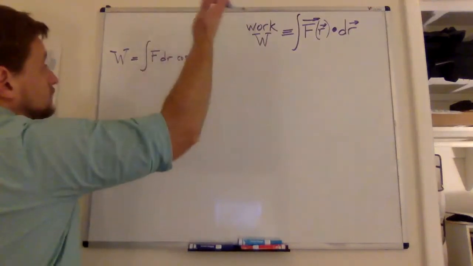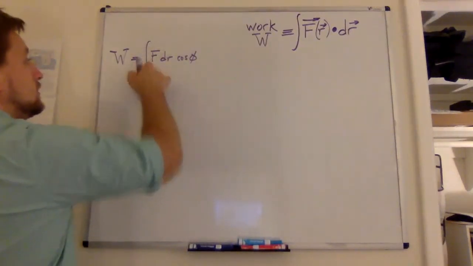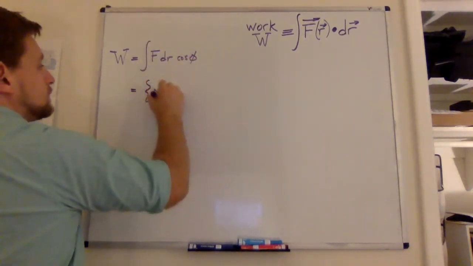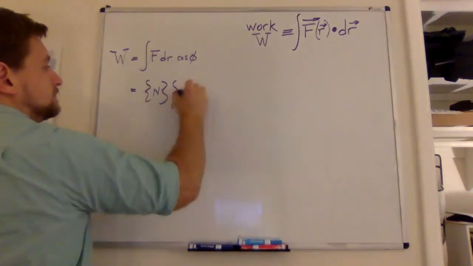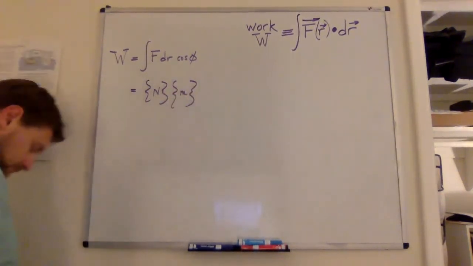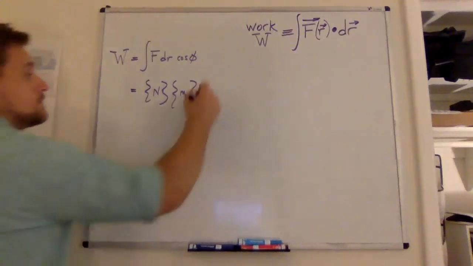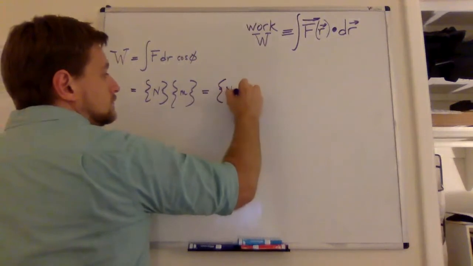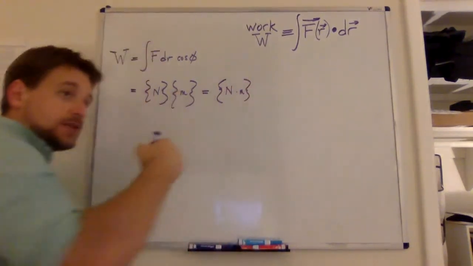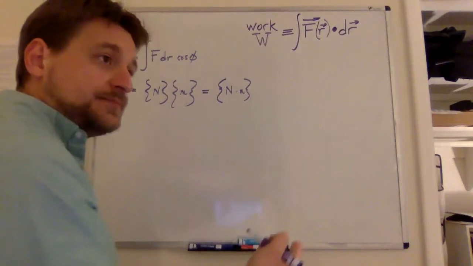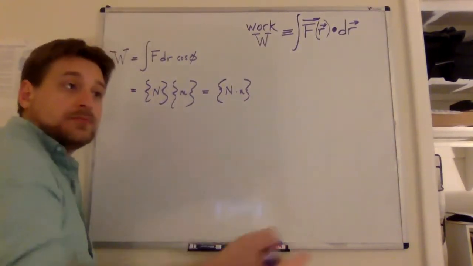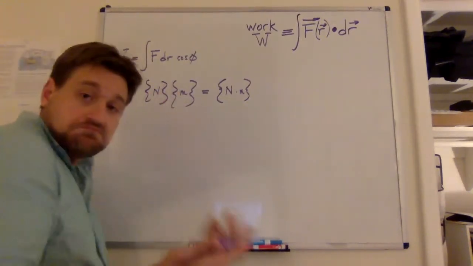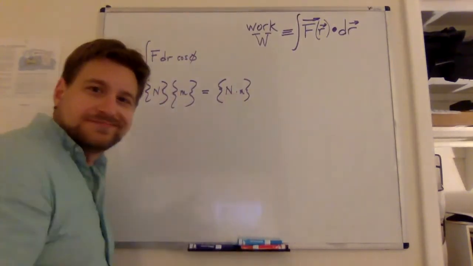What are the units? Well, this is a bunch of products, force and displacement. And, well, when we had kilograms times meters per second, we called it kilogram meters per second for momentum. So when we've got newtons times meters, Newton meters.